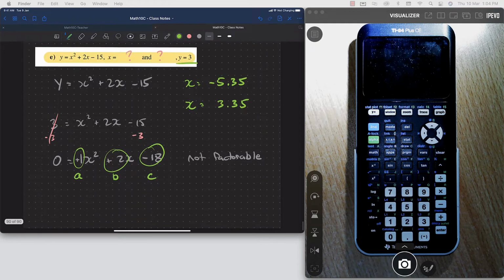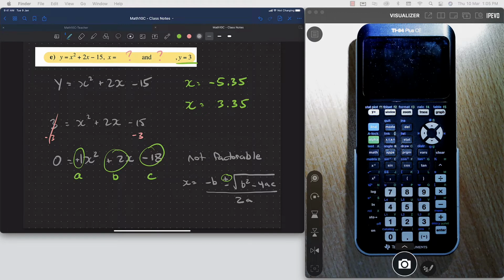And the quadratic equation is like this. x is going to be equal to negative b plus or minus the square root of b squared minus 4 times a times c, and all of that divided by 2 times a. So if I choose plus right now, I would just have to substitute all those values in there.